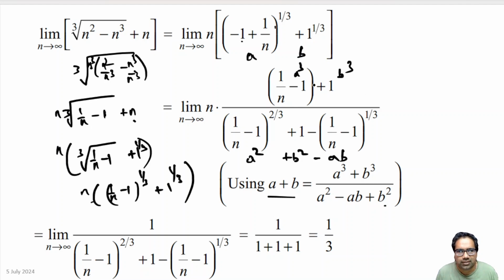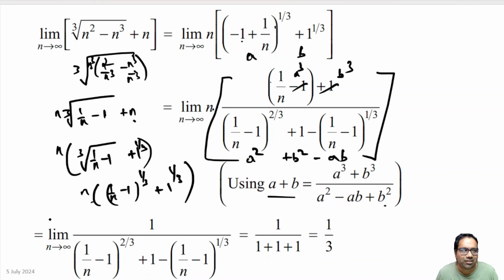Now we can cancel this minus 1 and this plus 1, and we have n into this whole thing. Now n into 1 by n, the numerator has become 1 and the denominator is as is: (1 by n minus 1) whole power 2 by 3 plus 1, minus (1 by n minus 1) whole power 1 by 3. This is what we wanted.